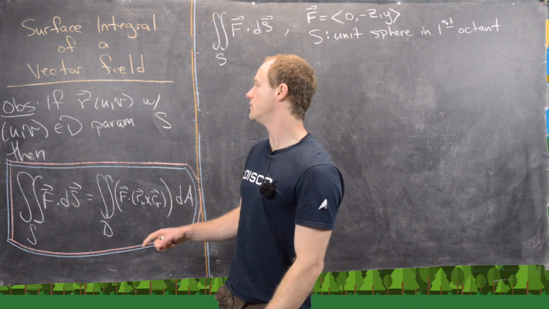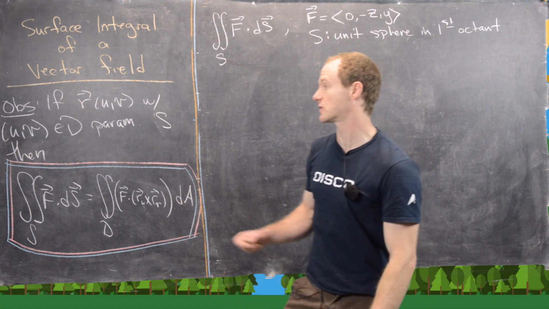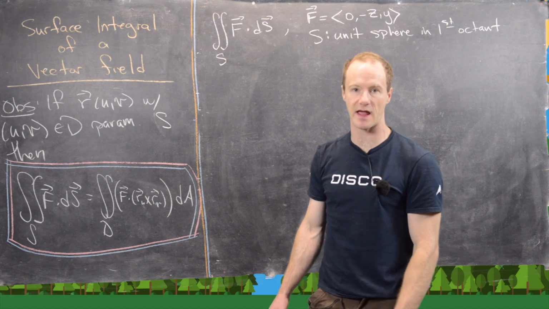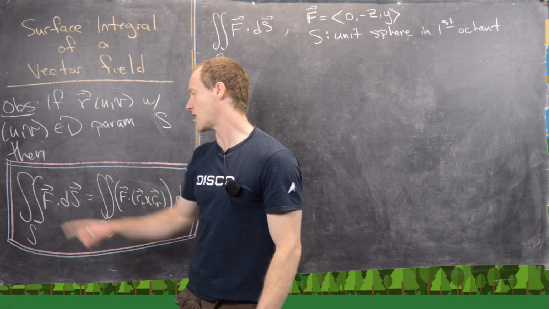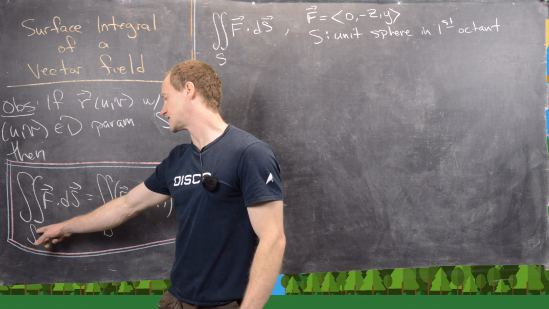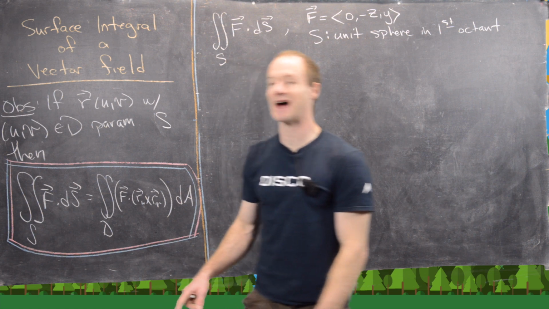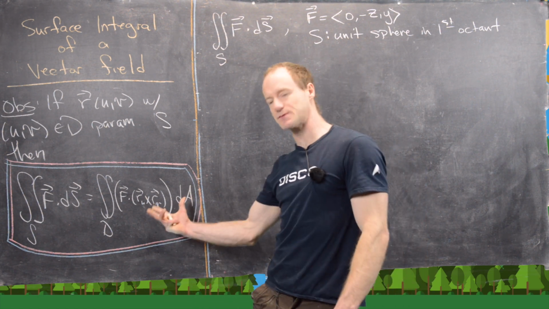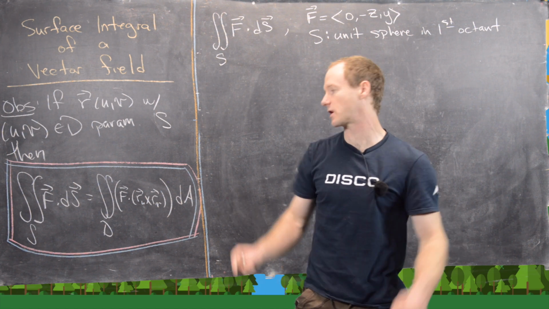So if r(u, v) parametrizes the surface, where u and v come from D, which is a subset of the real plane, then the surface integral of the vector field F, which we generally denote as the integral over S of F dot dS, can be shown to be equal to a plain old double integral from much earlier in the course.